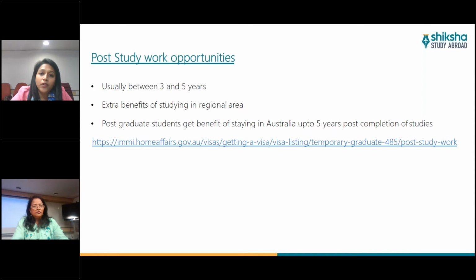Now, as per immigration, they are giving an extension of one more year to all students, so it has been extended to about 3 to 5 years. This also depends on the region of study, so the regional area benefits remain with the regional area itself. But the post-study work permit, the stay back, you get extra in these major cities as well now.